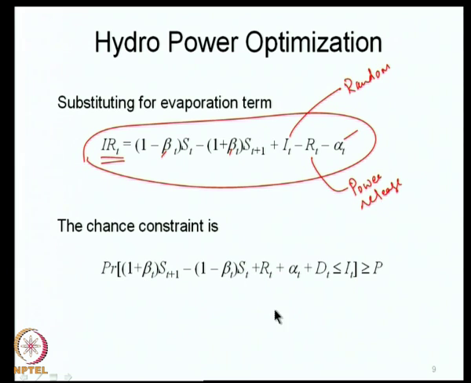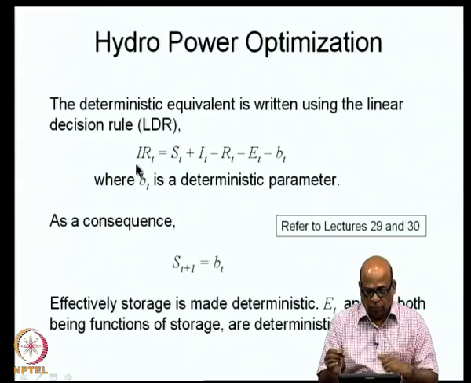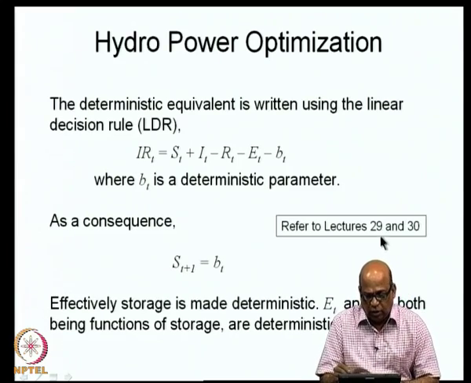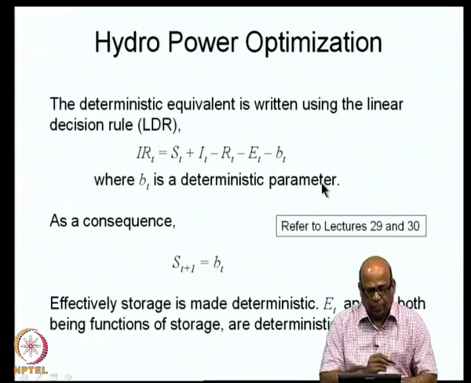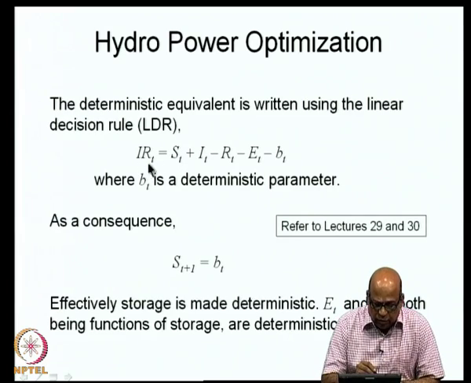So, what we will then do is, as we did in our chance constrained linear programming explanation, we use a linear decision rule. We use the linear decision rule because we want to use a linear optimization. You just refer to lectures 29 and 30, where I have explained the linear decision rule. This is the irrigation release.